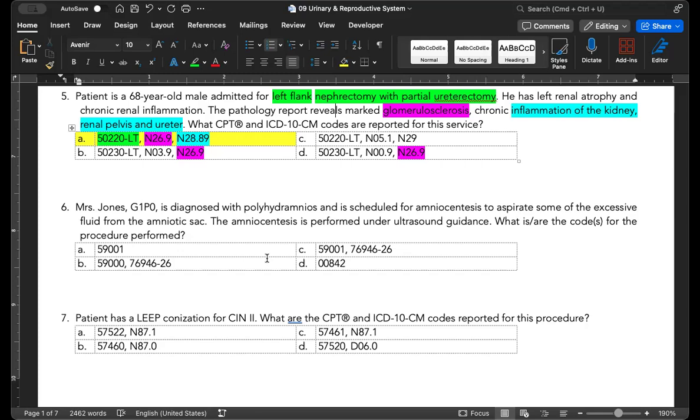So underneath the amniocentesis main term, we have a couple options. Is our amniocentesis that we're doing, is it diagnostic? Is it for an induced abortion, or is it therapeutic?